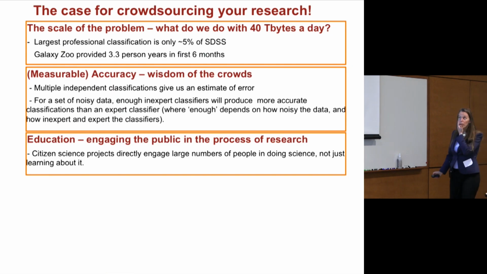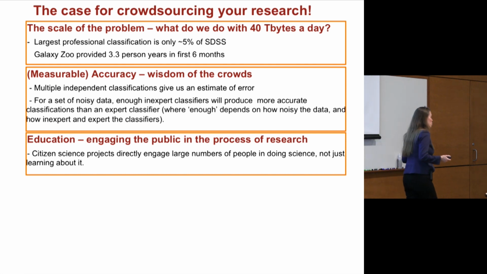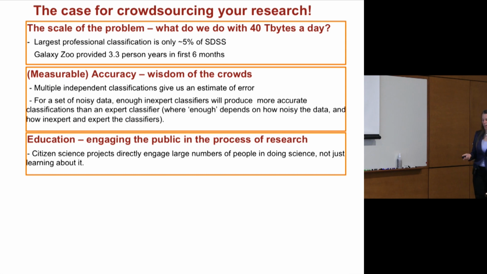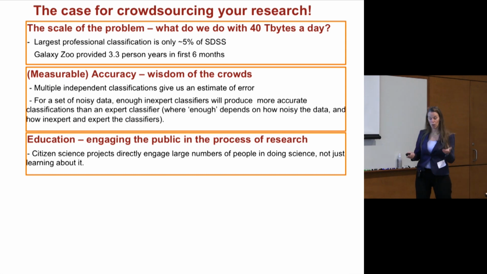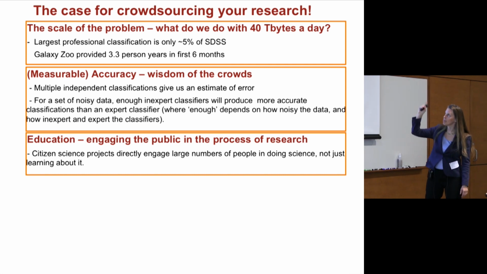Okay, so we've made several points here. We know that we want to tap into that cognitive surplus, and we know that the people out there are very interested in contributing to research. So we've shown the scale of the problem we've discussed.